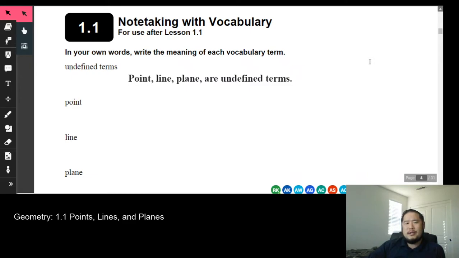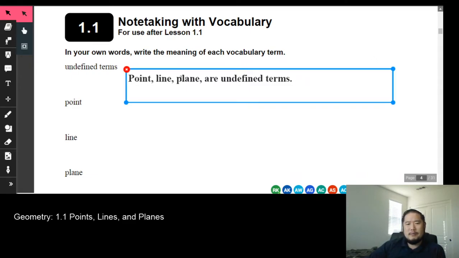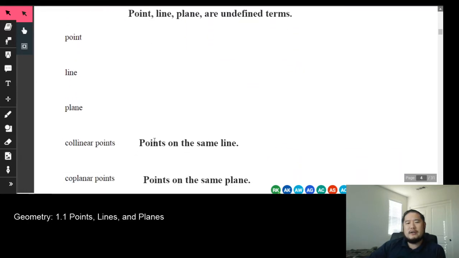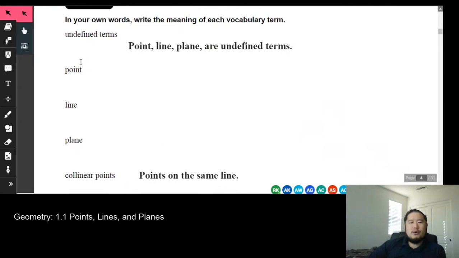As we go through things, you'll notice some parts of our vocabulary will be blank, because we'll fill it in, or in the student journal, you'll notice that there are some diagrams and definitions that are already there. So we'll come back to point, line, and plane.